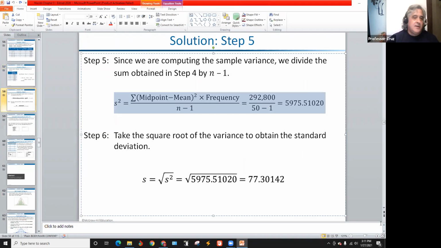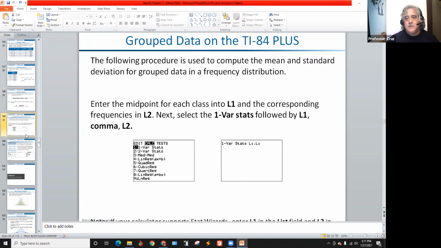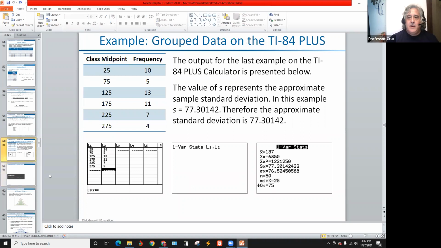Same procedure. It's just that you got to create those values by taking the difference between the midpoint and the mean and frequency. And you can even have the calculator do these for you. And this will be handy in chapter 5, because we'll come back to doing this with something else.